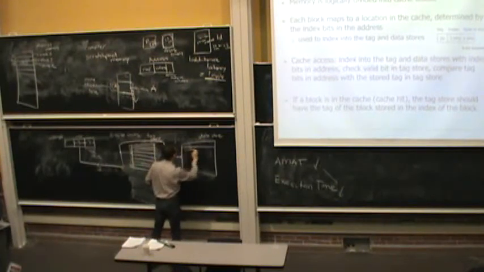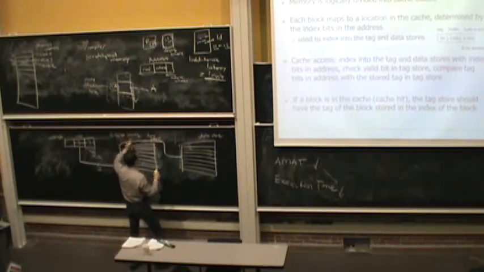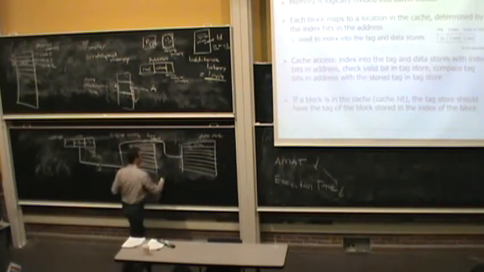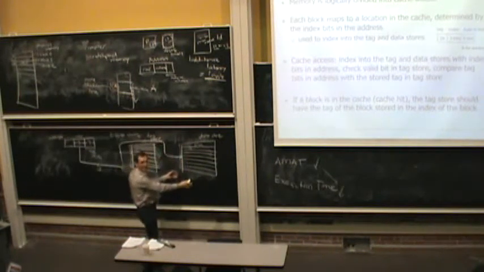Again, the data store corresponds to the tag store, but this just stores the data. From this cache, we said 8-byte blocks, so each of the data store entries is 8 bytes. Remember, this is a memory bank that I showed you before.